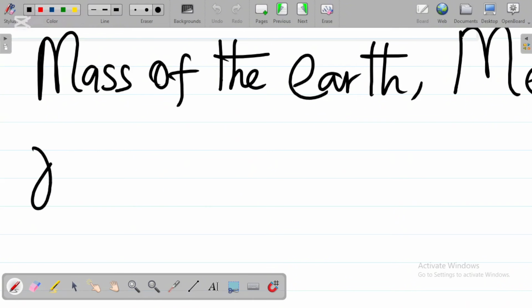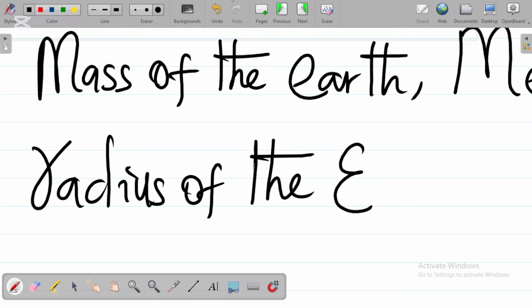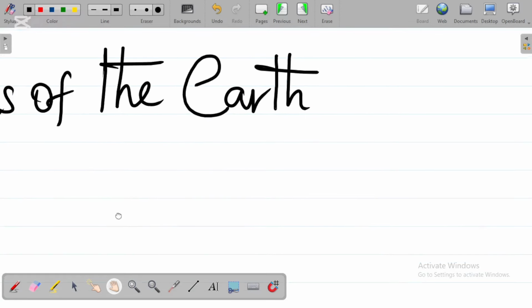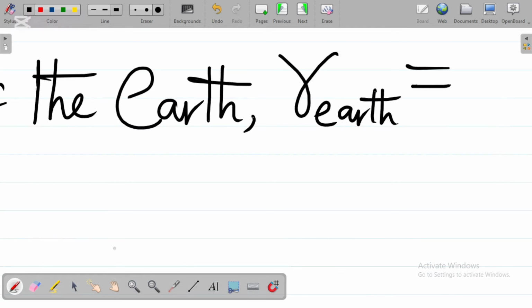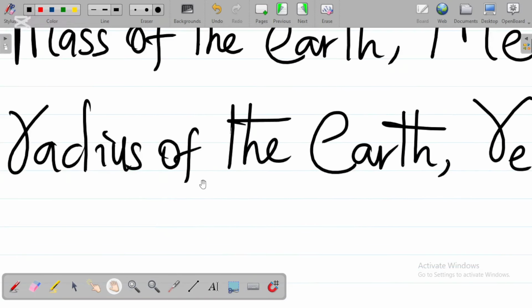So we have the radius of the earth is equal to... Now, some textbooks call it radius of the earth, while others call it distance from the center of the earth.